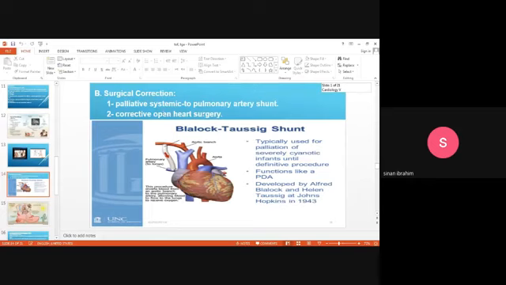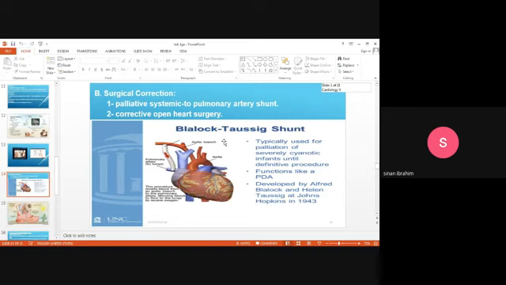What about the palliative procedure we can do? We call it the BT shunt or Blalock-Taussig shunt. This shunt, as we said, is palliative, not corrective, and we do it for the patient with recurrent attacks of spells and severe stenosis.